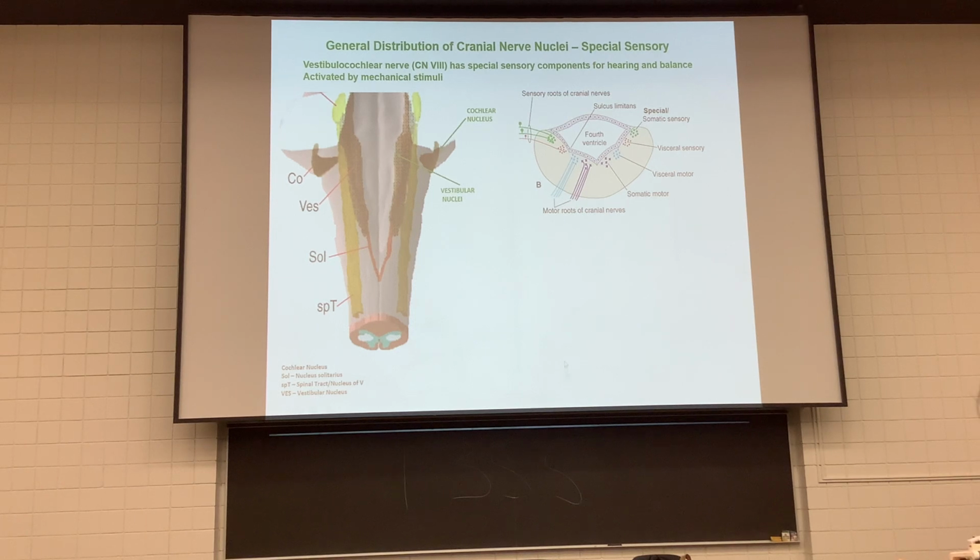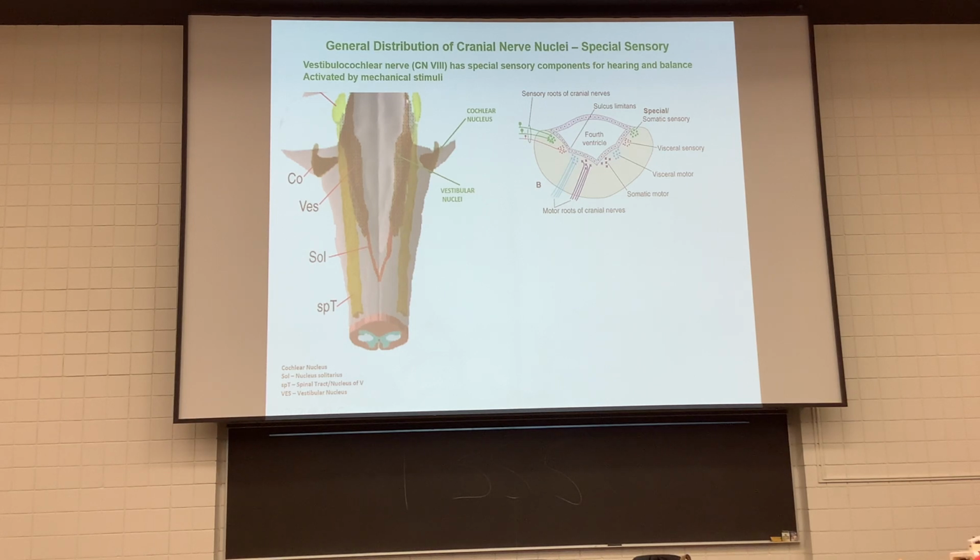Okay, so let's look at our sensory nuclei using this diagram. And let's go way out lateral here. Right at the junction of the pons and the medulla, we're going to see what's called the cochlear nucleus. And this other brown structure here, kind of crosshatch, is the vestibular nuclei.